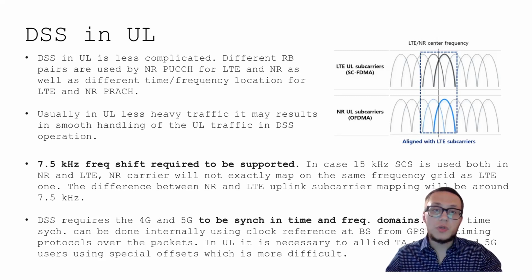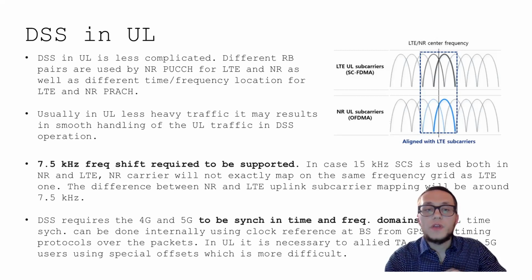And in addition, usually uplink has less heavy traffic, and it may result in smoother handling. I mean, there is no probability for any uplink reduction in heavy traffic cases.